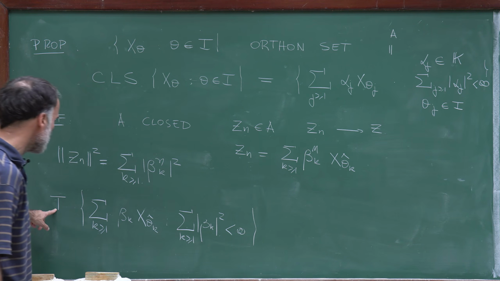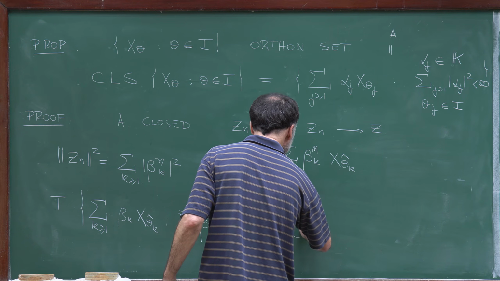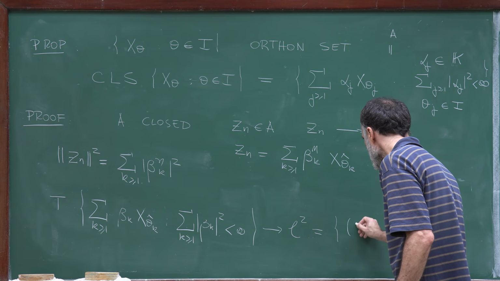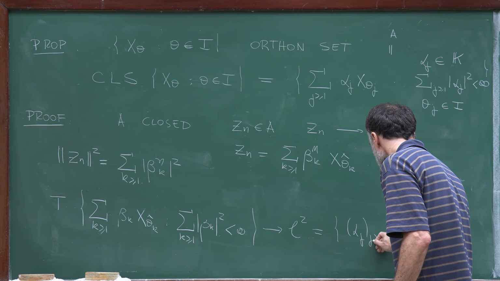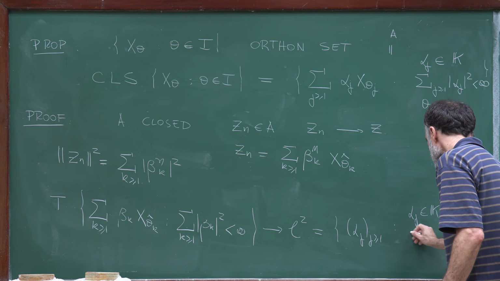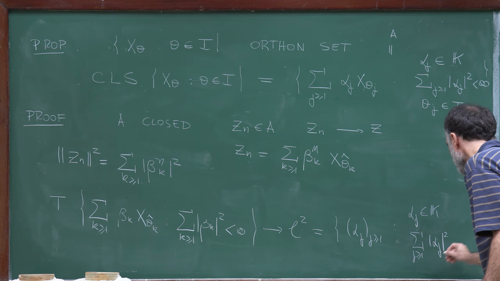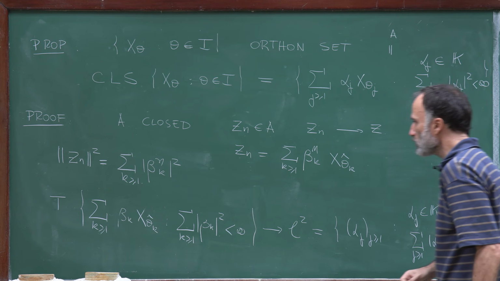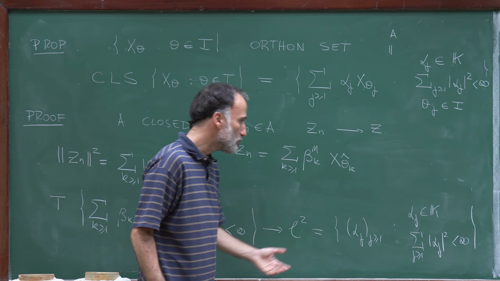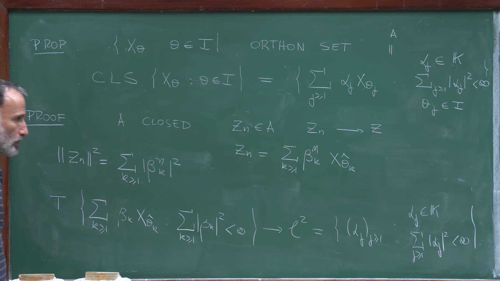So I want to define a transformation of this set to this set L2. Remember, the set L2 is formed by all sequences alpha j, j larger than 1, such that alpha j are scalars, and the squares of the alpha j's are finite. So I want to define a transformation from that set to this set, a map. I want this map to be linear and actually to be an isometry.